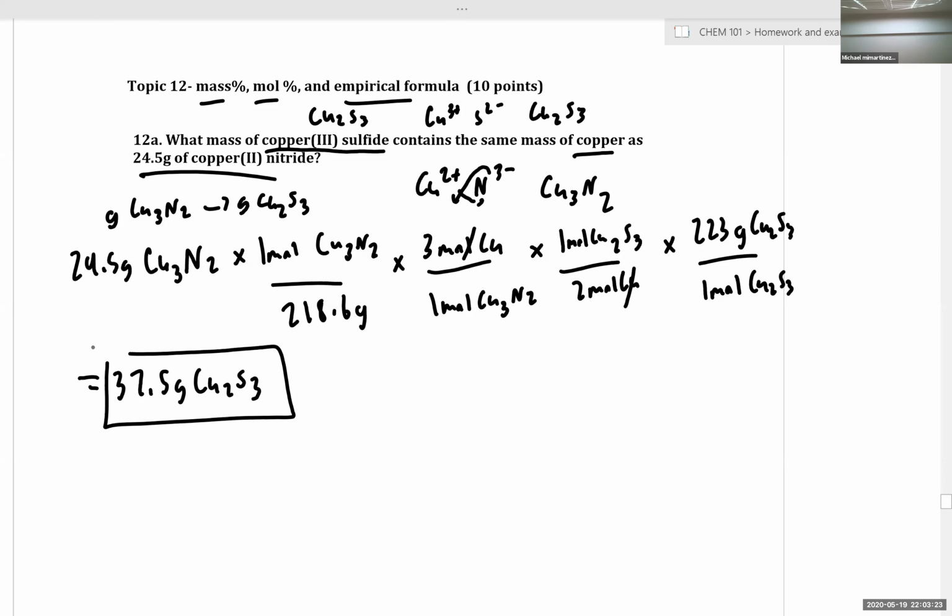Any questions on this example? This is exactly identical or almost exactly identical to a question on exam 2. Any additional questions?